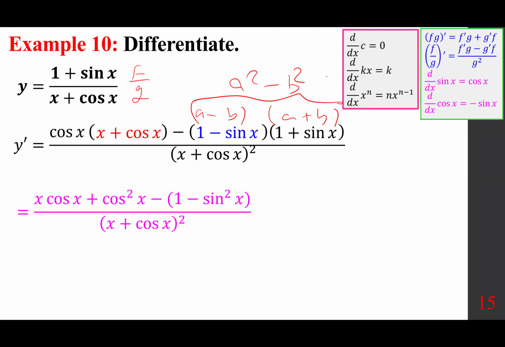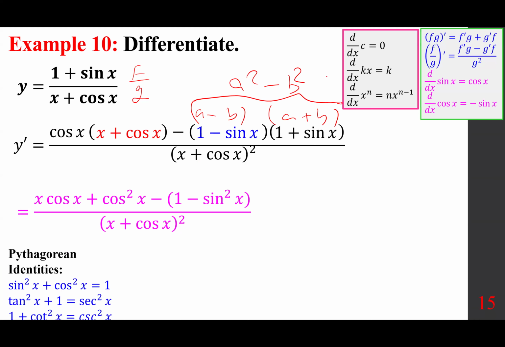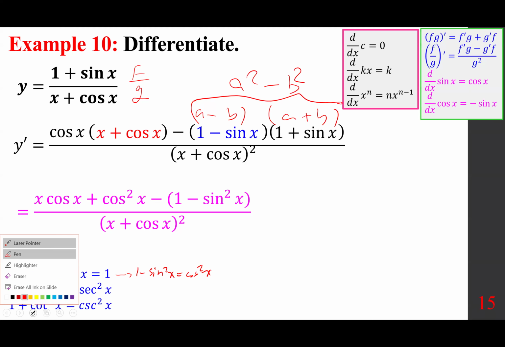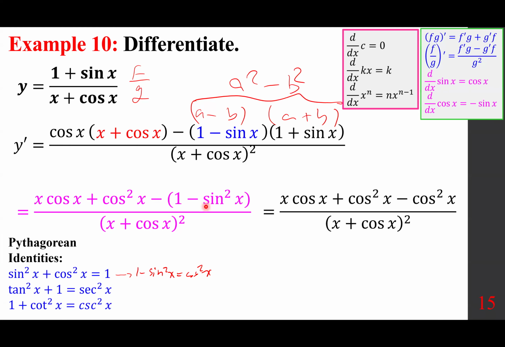As you know, according to Pythagorean identity, sine squared plus cosine squared is 1, so 1 minus sine squared must be cosine squared. There are other Pythagorean identities, just reminding you of that. And so we can replace this with cosine squared. These two cancel each other. And we are left with x cosine x in the numerator. The denominator remains unchanged.